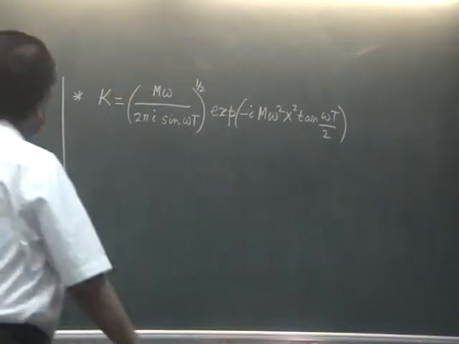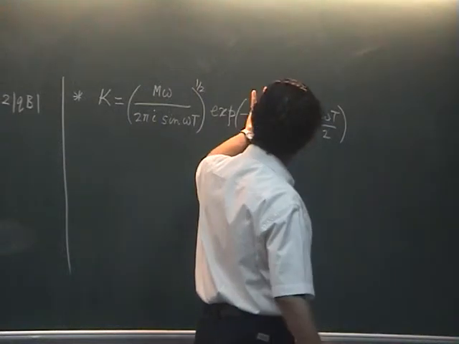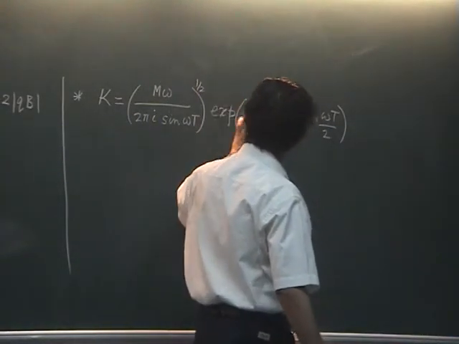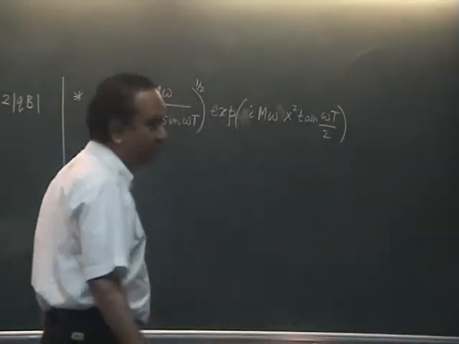Okay, m omega x square, and there is no minus sign. Fine. So this is what you have.